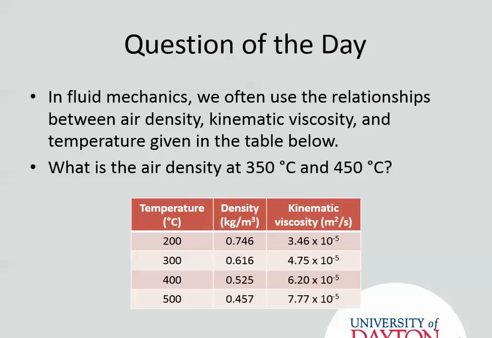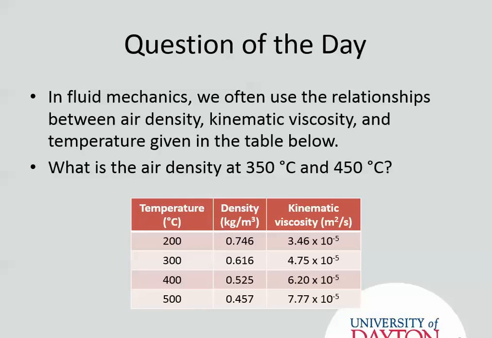So this one is my 300. This is my temperature of 400. So my 350 would fall in between there. So if I know that I have a temperature of 350, what could I use to predict the density that corresponds to a temperature of 350?